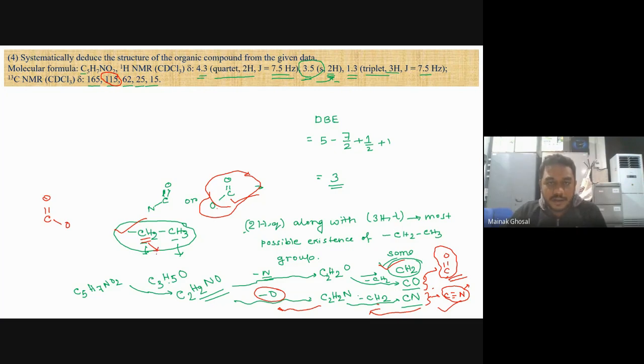This value you got is 4.3. Okay, so 4.3 is a high value, which indicates that it is attached to a highly electronegative element, which is possible as it is attached to this one.